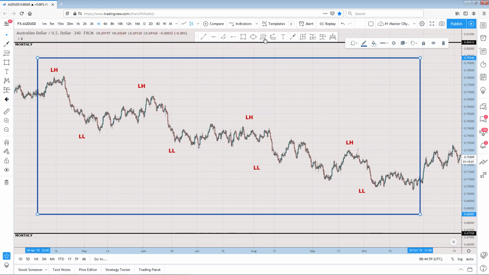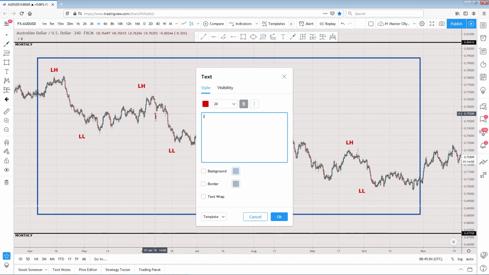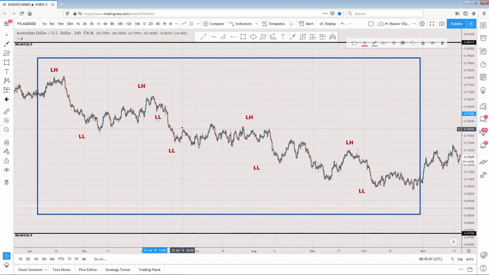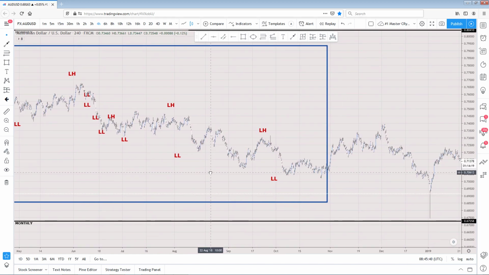You can see within here, we're making a lower low, a lower high, a lower low. We're dropping pretty quick here. We made a lower low, and then a lower high. But anyways, you're getting the point here. You see that we're constantly maintaining structure, even within the structure.